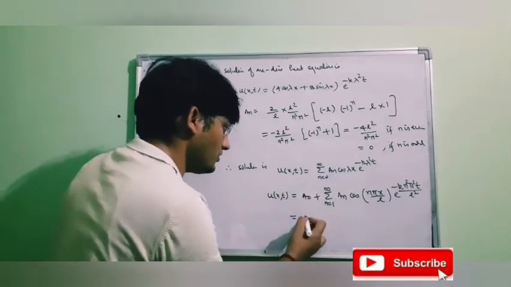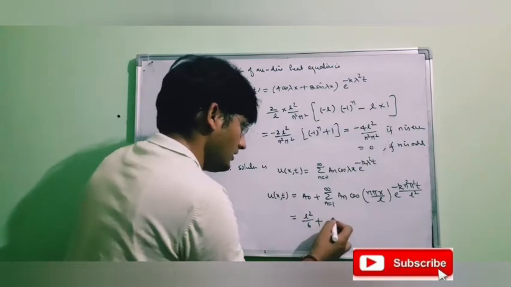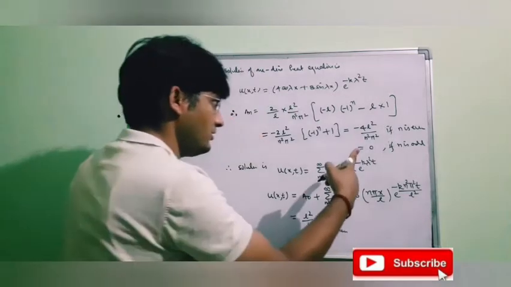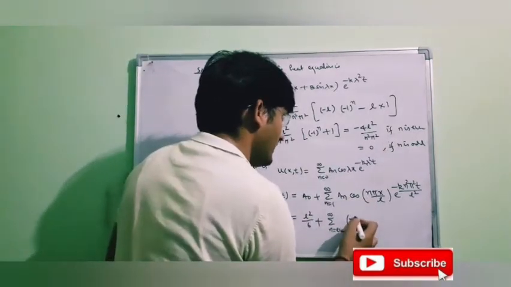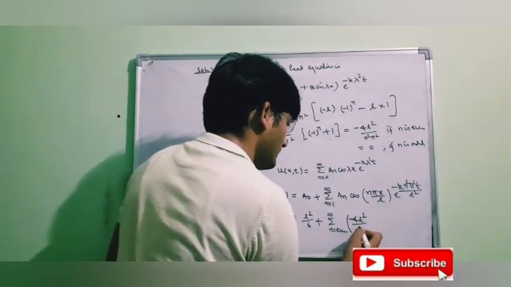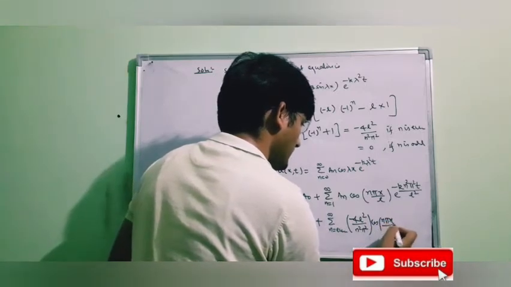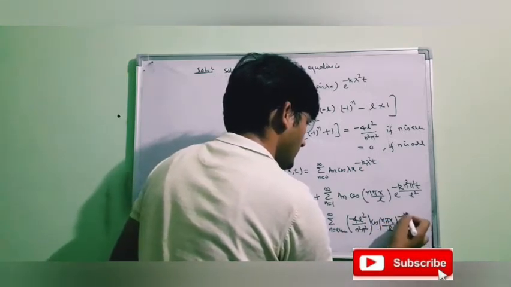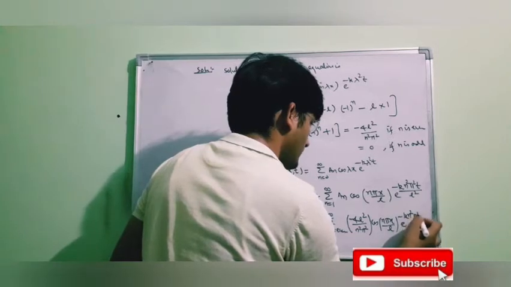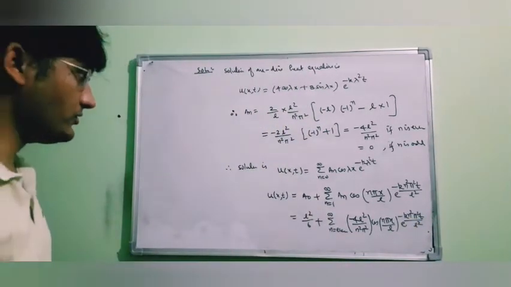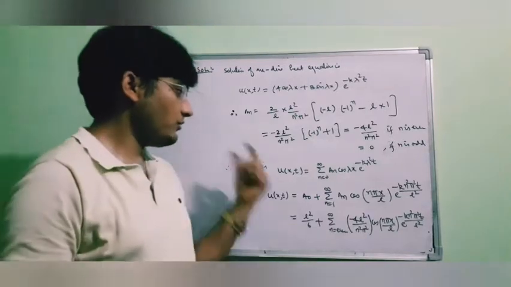So our a naught was l square by 6. Now here I am writing n as even, and the value of an is minus 4 l square upon pi square, cos(n pi x upon l) into e power minus k n square pi square t upon l square. So this is your answer for this problem.